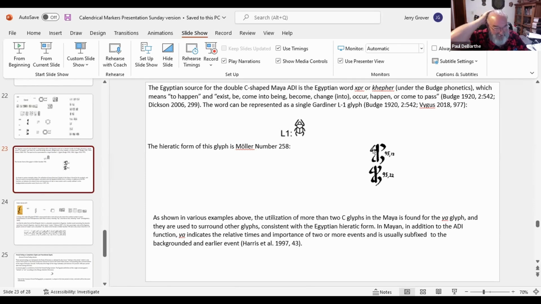It's just a fascinating scenario that you're laying out. Yeah, if you go to my book, I actually take the Epi-Olmec script and I show what are likely Egyptian elements, glyph forms in that.